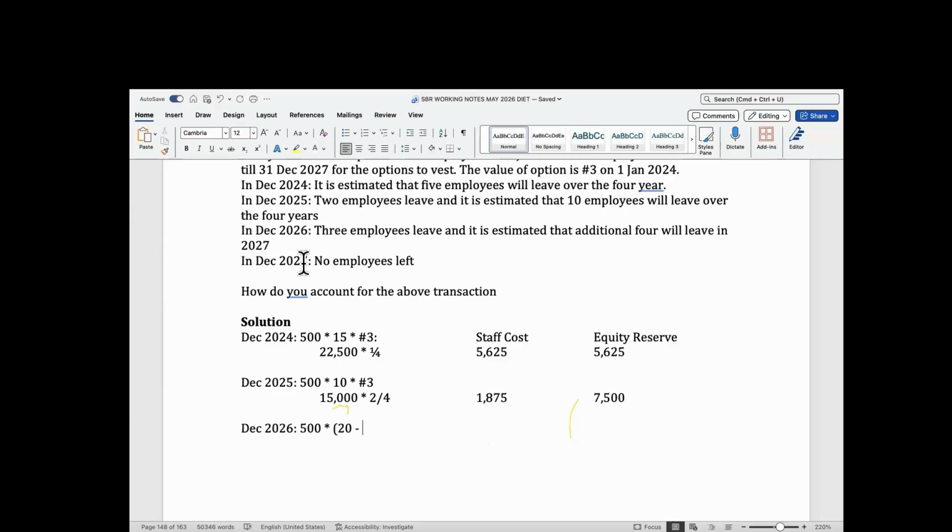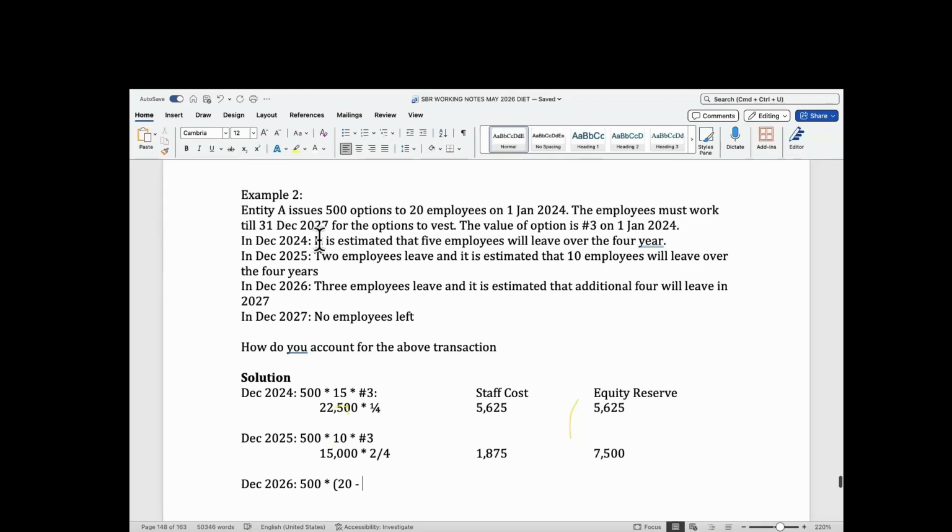So whatever we are recognizing as expense, we want it to reflect the options we will actually give them in the future, at the vesting date. So even though we can't know that for sure, which is why we estimate for the ones we don't know for sure. Like in year one now, they just estimated that 5 people will leave over the entire period, which means that only 15 will be left in 2027.